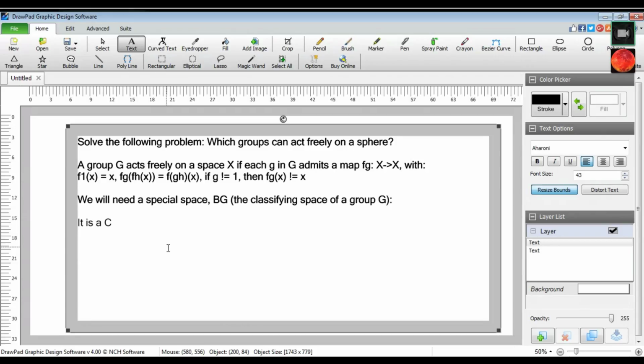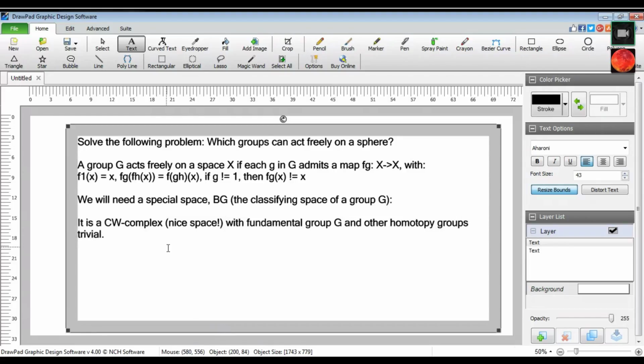Namely, it is a CW complex. I'm not going to go into detail what this means, but we're just going to say it is a nice space. Fundamental group G and other homotopy groups trivial.